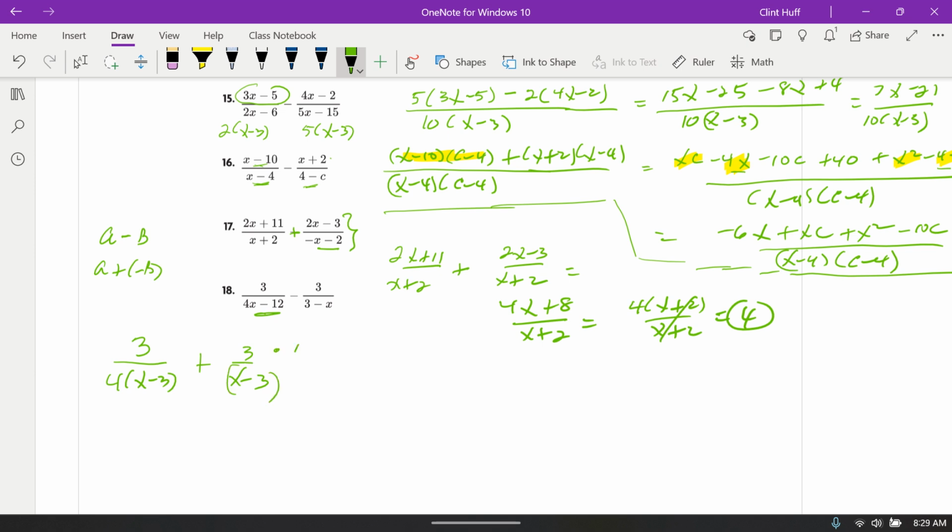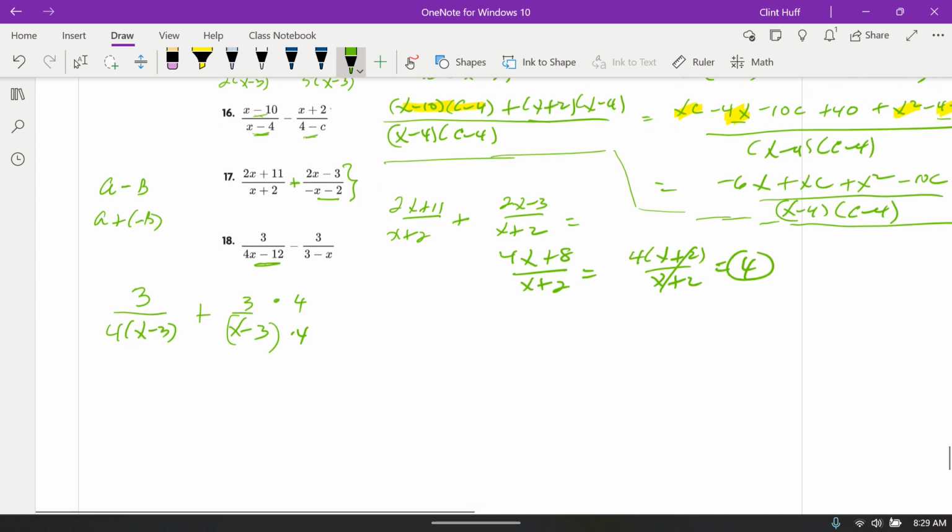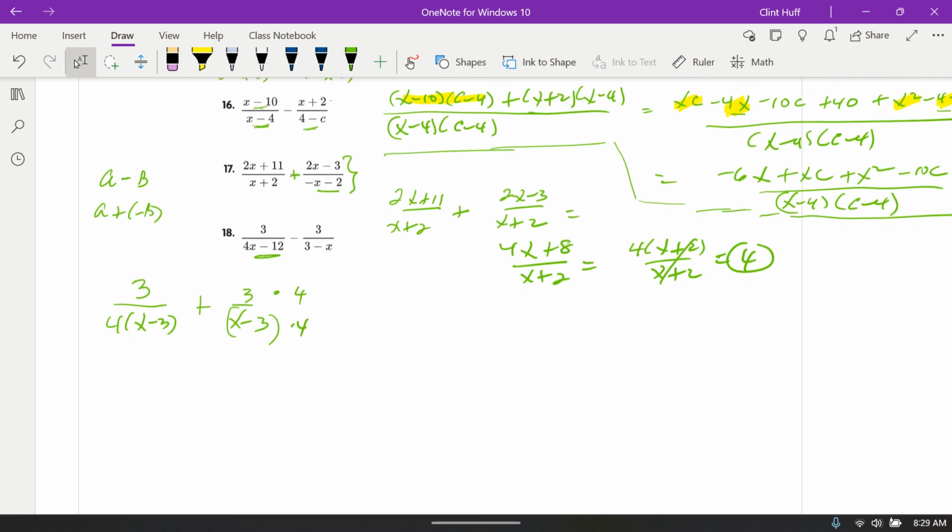So all I have to do is multiply the second fraction by 4 in the numerator and denominator. And that'll give me 3 plus 3 times 4 over 4 times (x minus 3), which is 15 over 4 times (x minus 3).